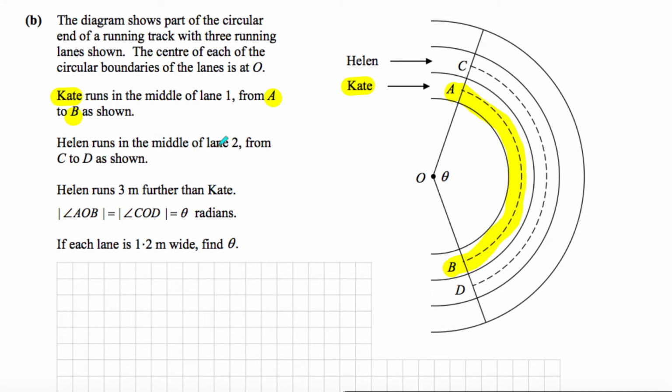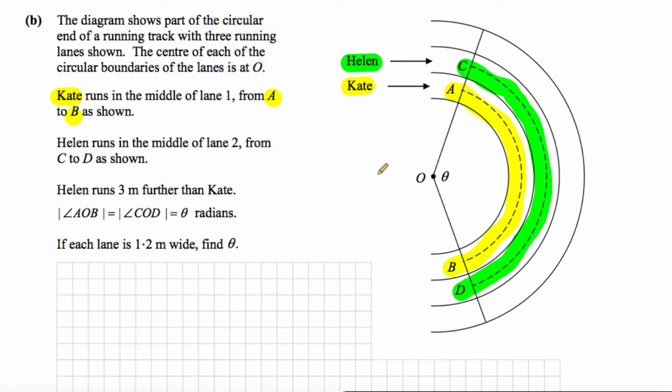Helen runs in the middle of lane 2 from C to D as shown. So here's Helen. She's running from C to D along this broken line in the middle of that lane, like so. Helen runs 3 meters further than Kate. So this green distance is 3 meters longer than the yellow distance.